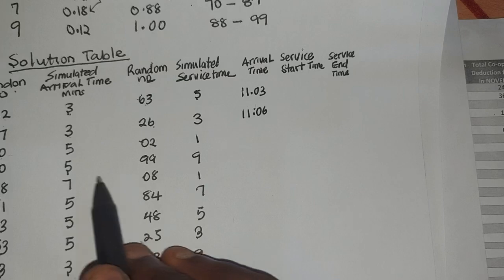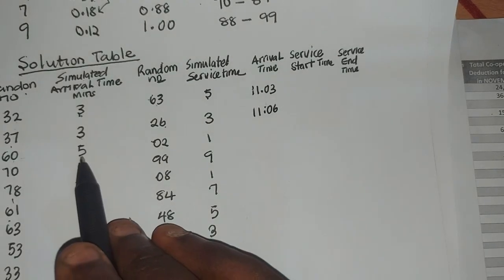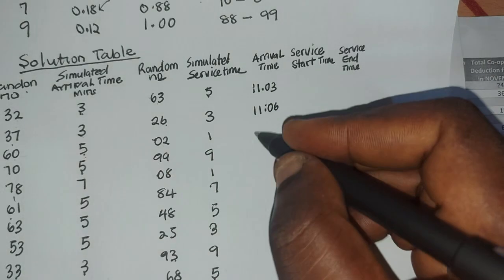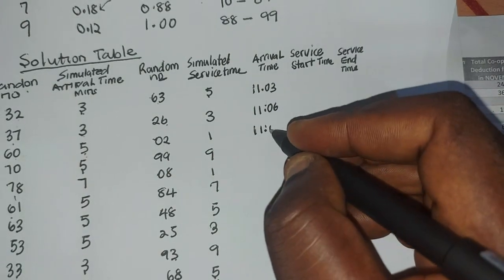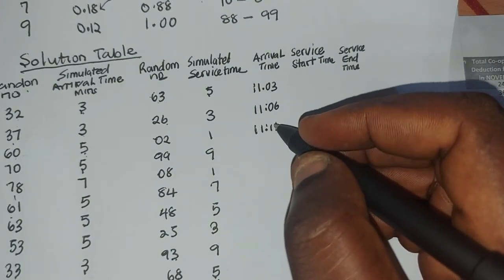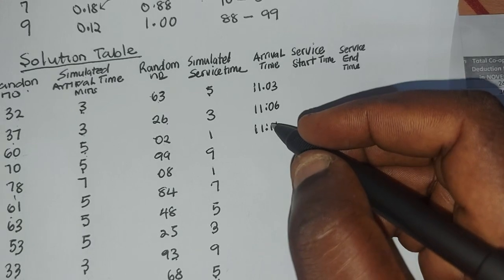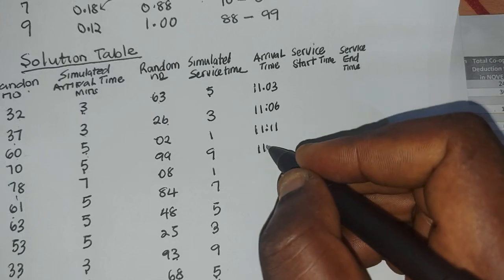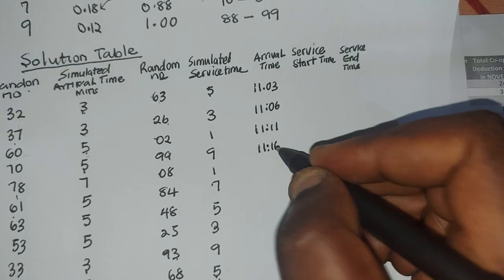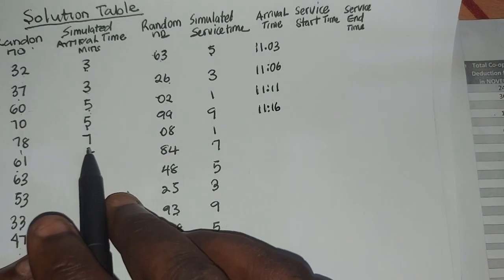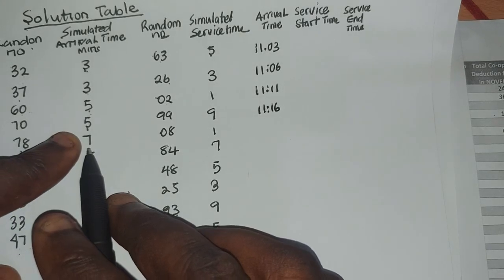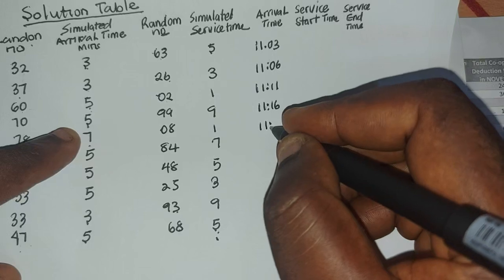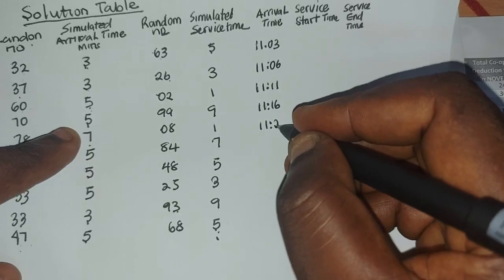The next customer arrives 5 minutes after the second person, and that is 11:11. The next customer arrives in 5 minutes time, and that is 11:16. The next customer arrives 7 minutes after this customer, and that is 11:25.